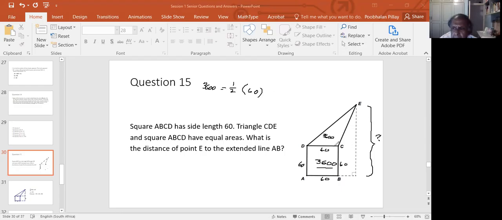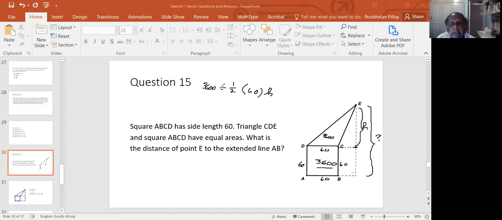But what is the height of this triangle? If you take the height from E, I have to extend this line here, and this thing here will be the height. Let's give it a name, H. So the area of the triangle is half 60 times H.